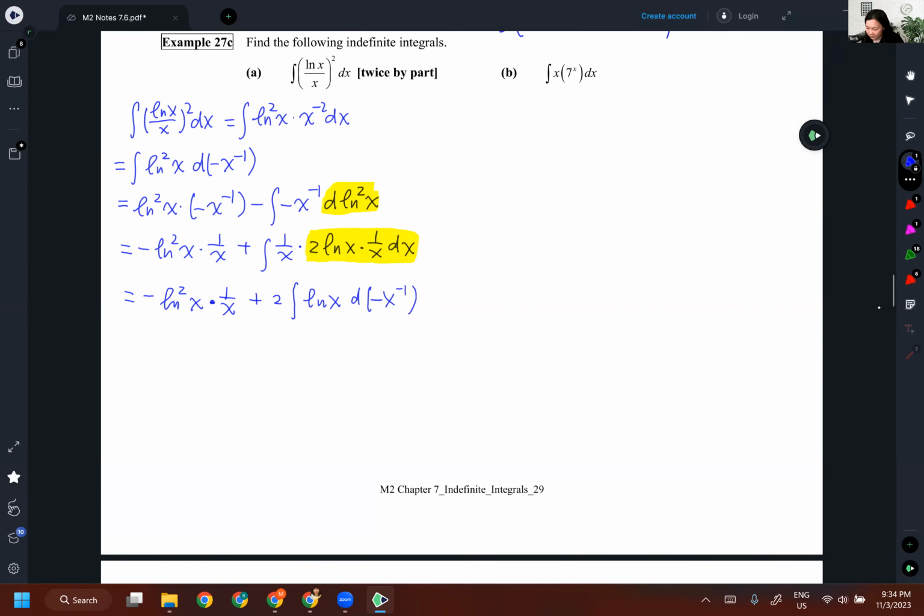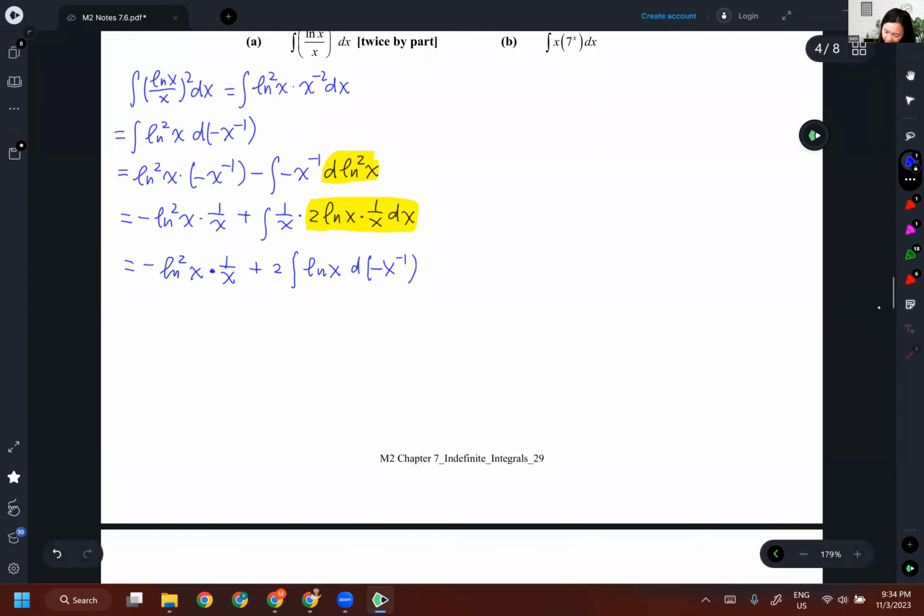That's what it is, and then that's the second time.